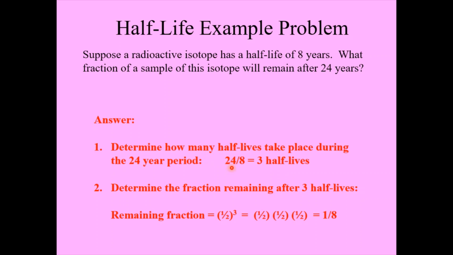Well, all we do is take 24 and divide by 8. That's 3 half-lives. So we're going to have to deal with 3 half-lives. So step 2, we're going to determine the fraction remaining after 3 half-lives. Well, each half-life, we cut it by a factor of 1/2. So we have 1/2 times 1/2 times 1/2, which is 1/8. That's how much remains after 3 half-lives.